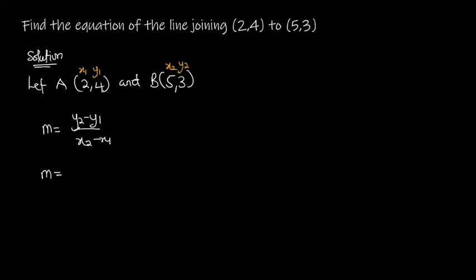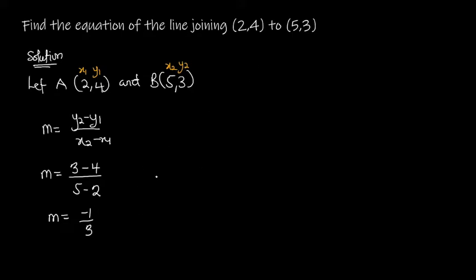So this is equal to my y2, which is 3, minus y1, which is 4, over my x2, which is 5, minus my x1, which is 2. So over here, my gradient is equal to 3 minus 4, which gives me negative 1, and 5 minus 2 gives me 3.